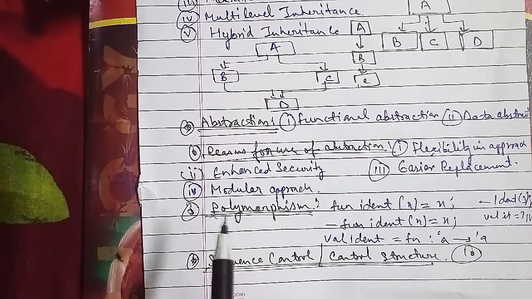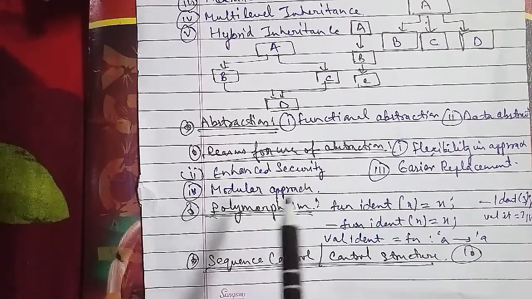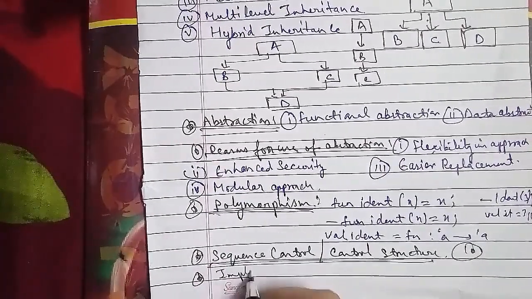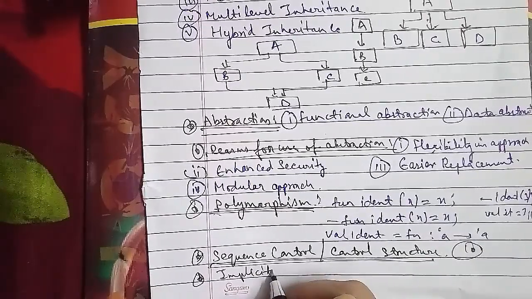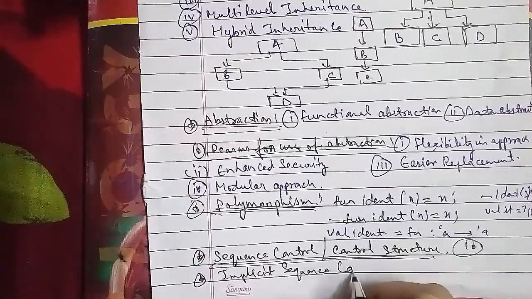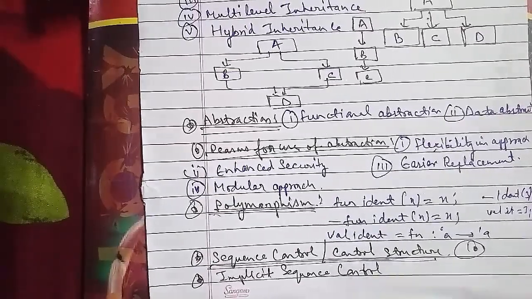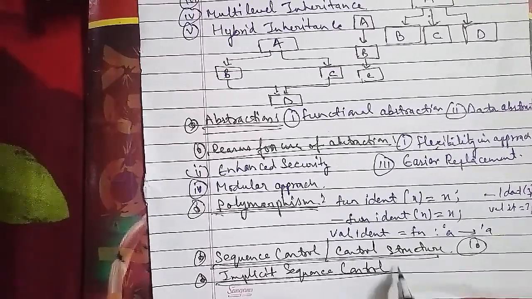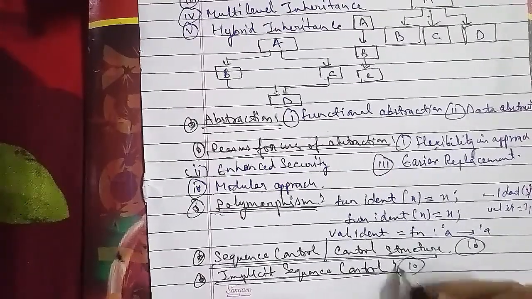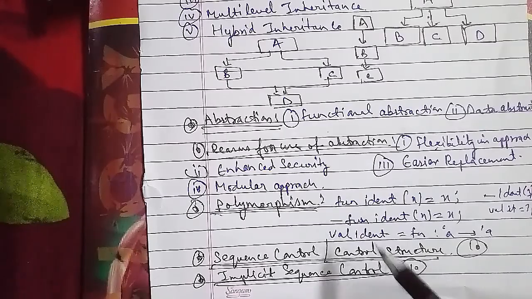In other words, in implicit program execution, the control passes to the statements one after another until there is a conditional statement like if-then-else or a loop like for or while. In a looping statement, the control does not leave the block until the condition becomes true or false, and most structured programming languages use the implicit sequence control mechanism.